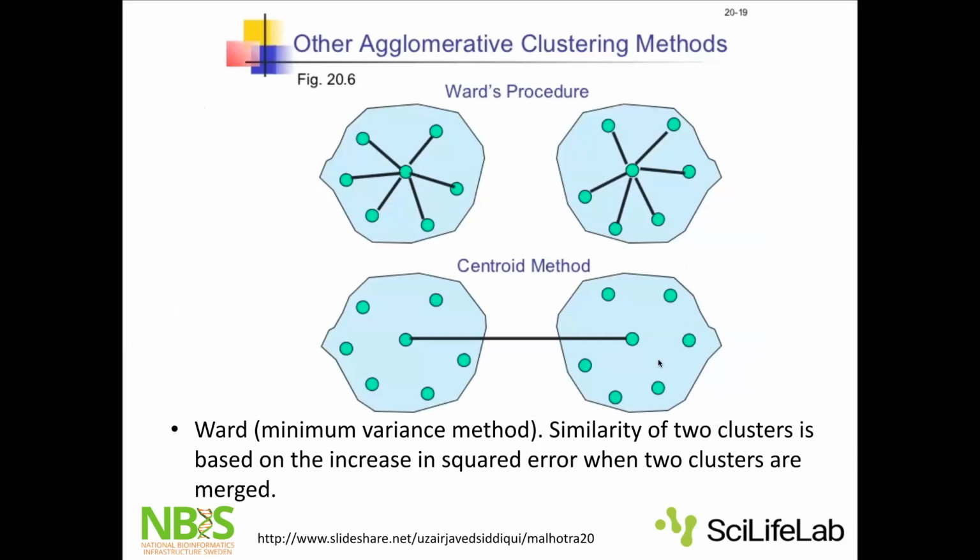Or the centroids, the distance between the centroids, or this a bit more complicated where we're trying to minimize the square error when we merge 2 clusters. So using all these different metrics of distances between groups, we can get quite different dendrograms and quite different clusters.